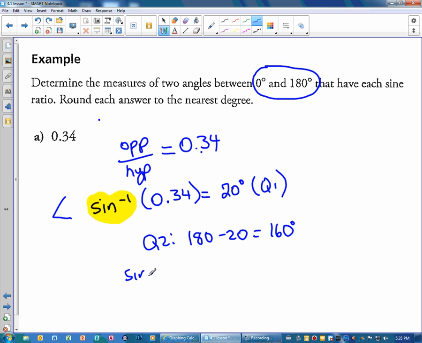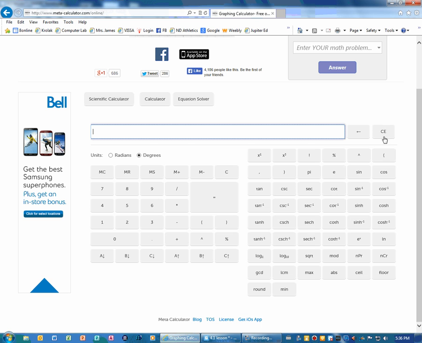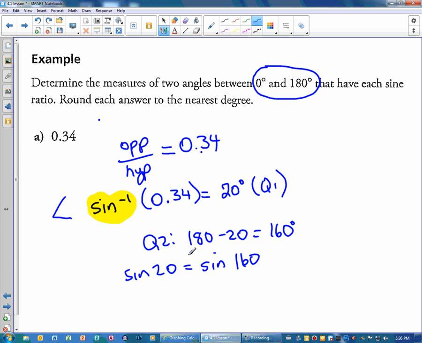So the sine of 20 is the exact same as the sine of 160. Sine of 20, there it is, 0.34, is exactly the same as the sine of 160, 0.34. So when you're talking about a sine angle, you have to remember to do both quadrants. Both quadrants for sine.